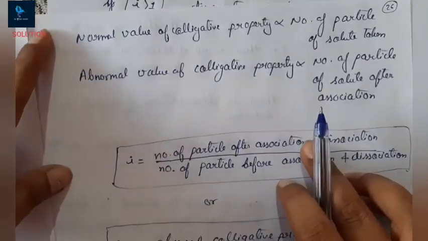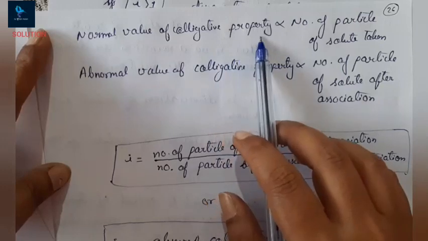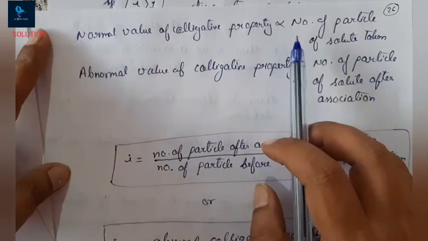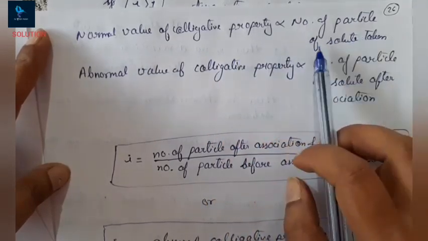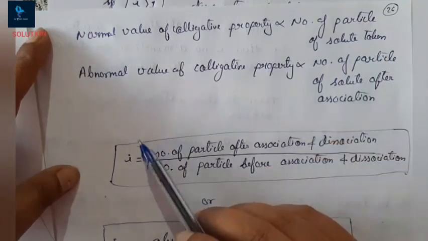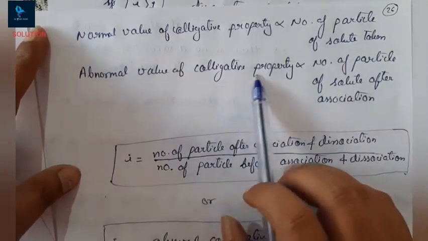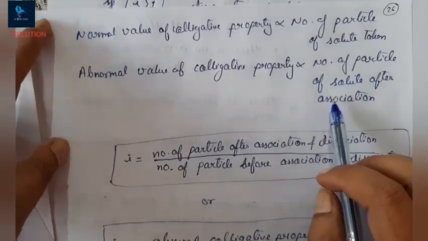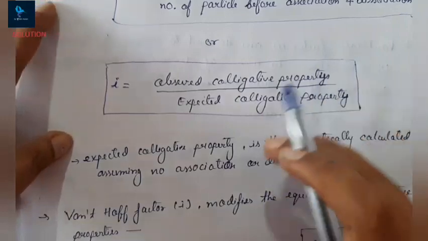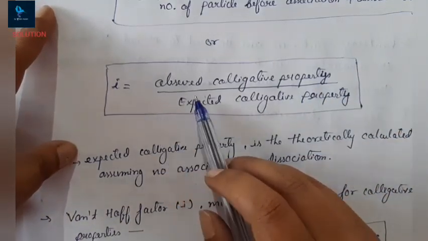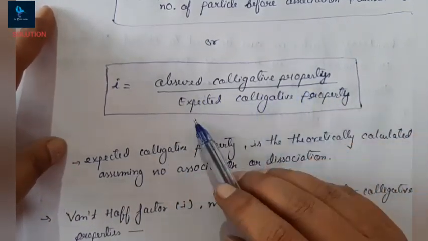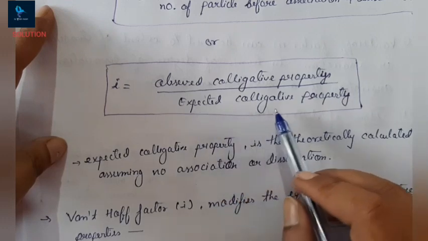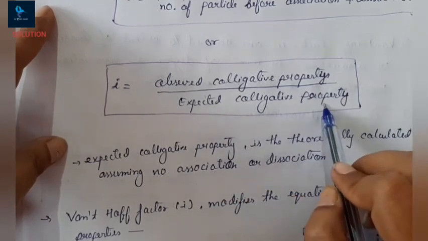Here the normal value of a colligative property is directly proportional to the number of solute particles taken, and the abnormal value of the colligative property is directly proportional to the number of solute particles after association, or i equals observed colligative property divided by expected colligative property.